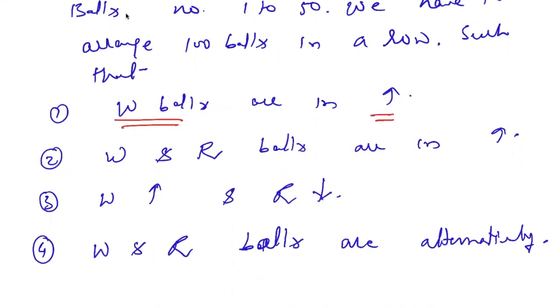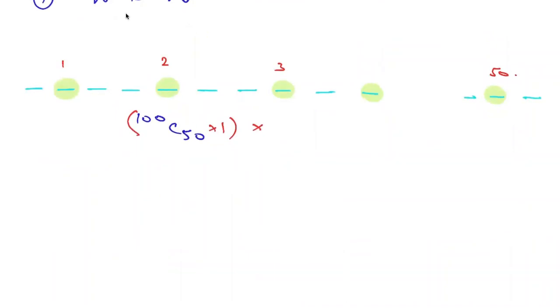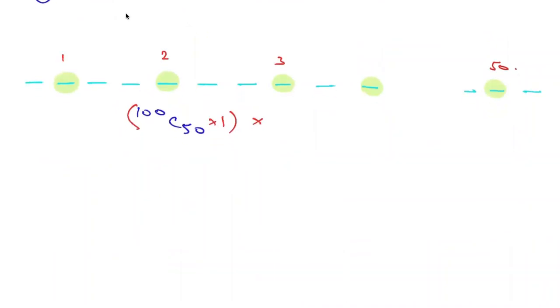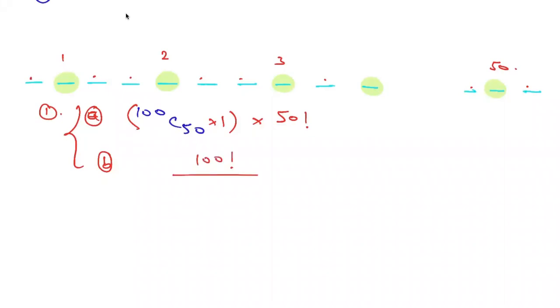But the red balls are not taking any restriction. So in between, the red balls can be arranged in factorial 50 ways. The second way to think on this is we are arranging 100 balls by factorial 100, but the restriction is on the white balls.